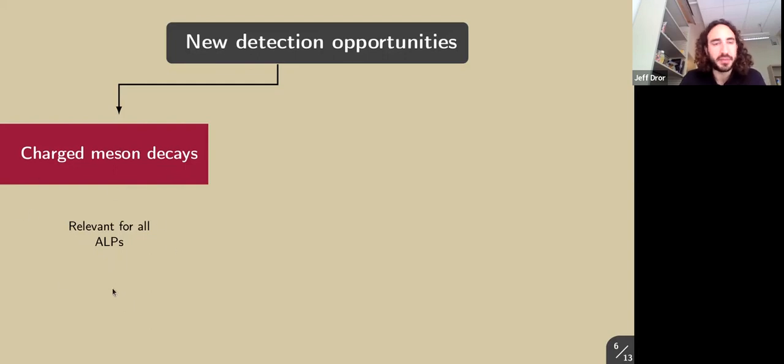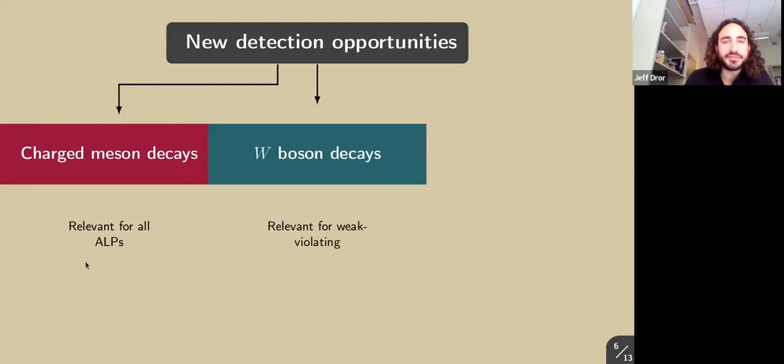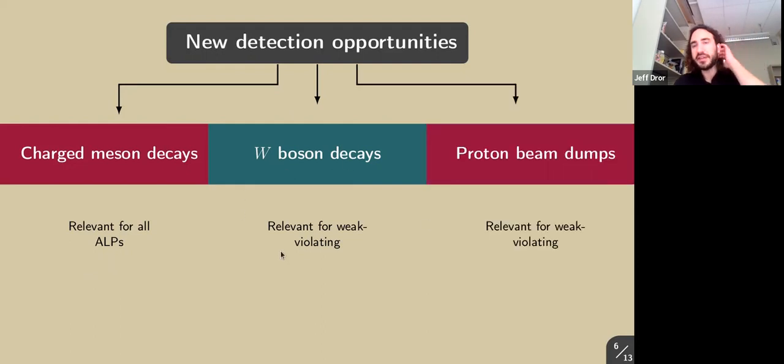Here I'm calling them ALPs, but these terms are interchangeable for my purposes. Another opportunity that I want to discuss is W boson decays. These will be relevant only for the weak violating case. And finally, it turns out that even proton beam dumps, not electron beam dumps as conventionally studied, are also useful in trying to look for these weak violating axions.